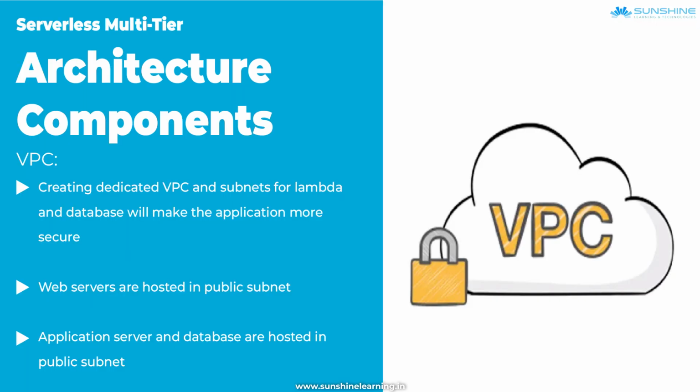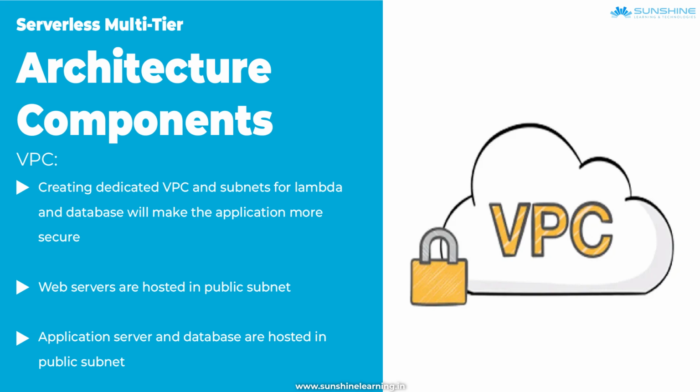So when we create a serverless multi-tier architecture, what are the main components that we need to look into to create a well-architected framework that is secure also? First of all, we need to look into the dedicated VPC, the non-default VPC, and then we need to create the subnets, a subnet for Lambda, and a separate subnet for database and the applications.